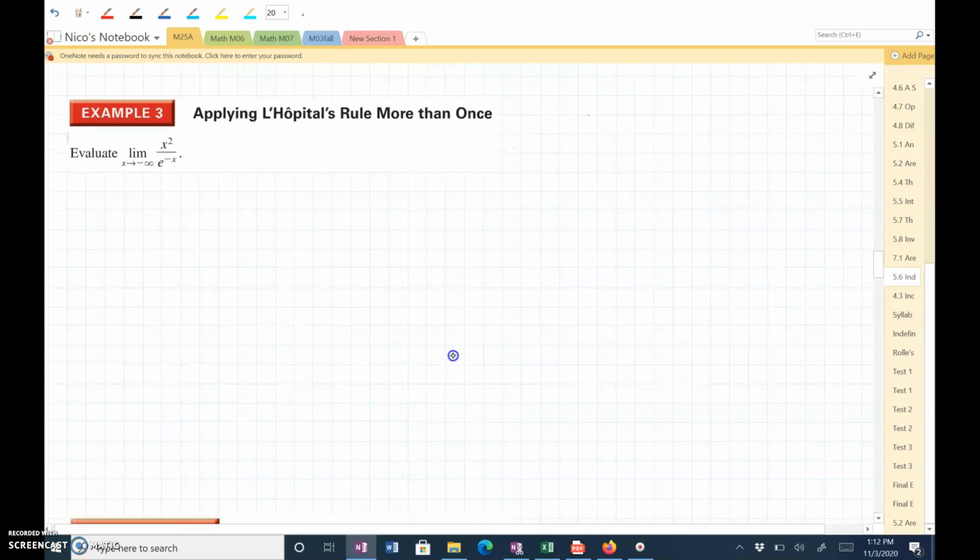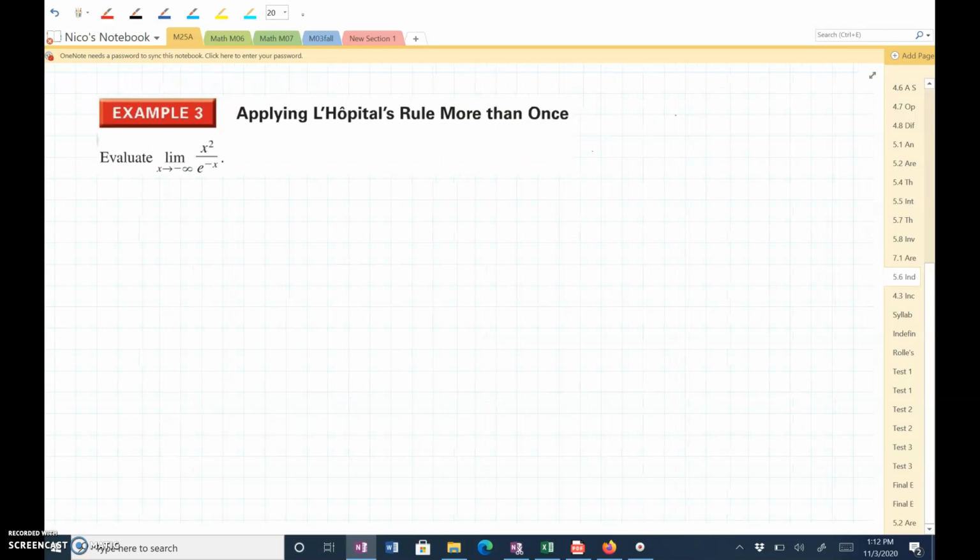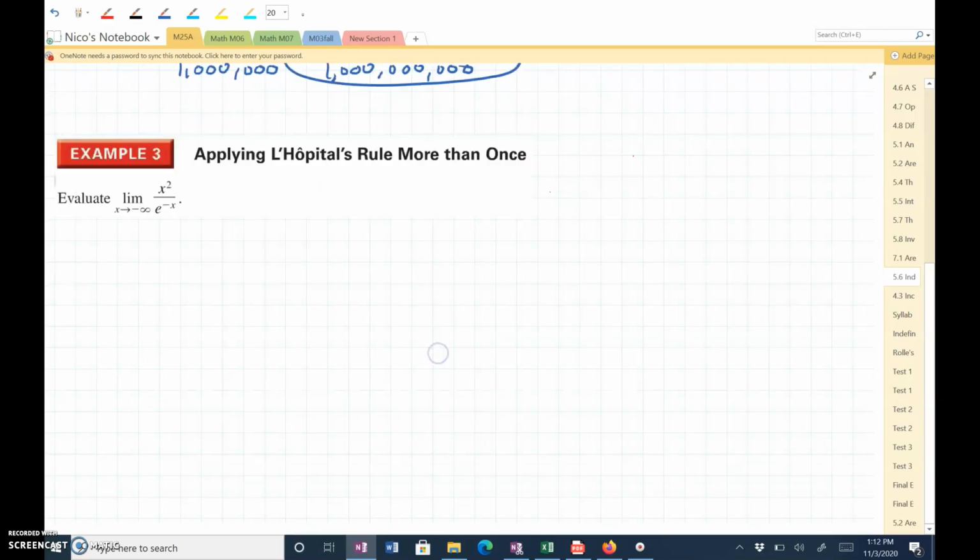All right, example 3. Evaluate the limit as x goes to negative infinity of x squared over e to the negative x.